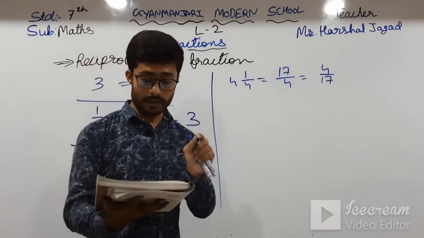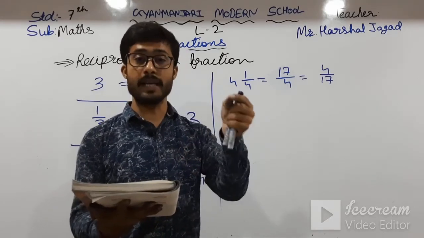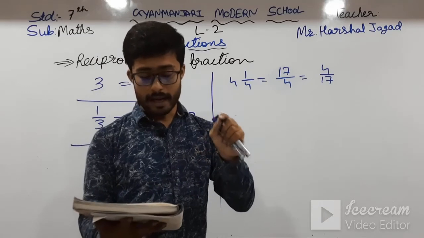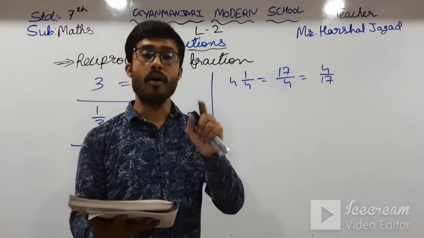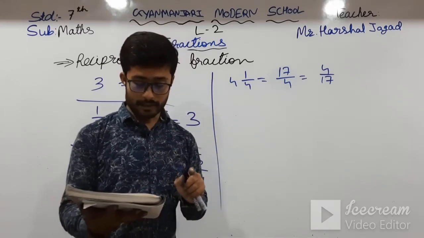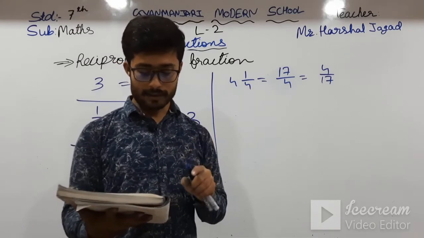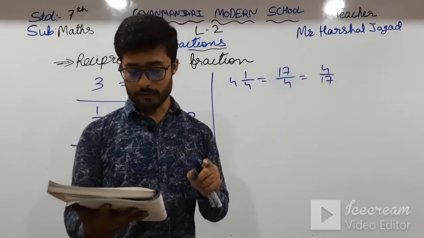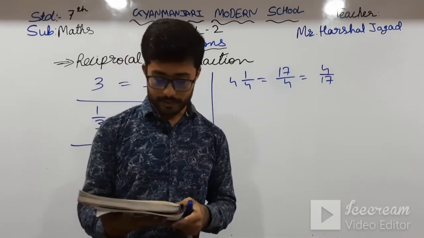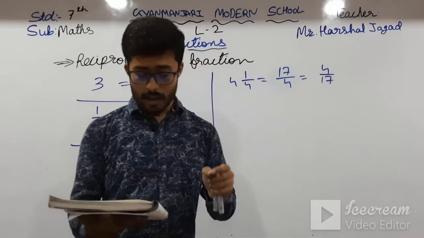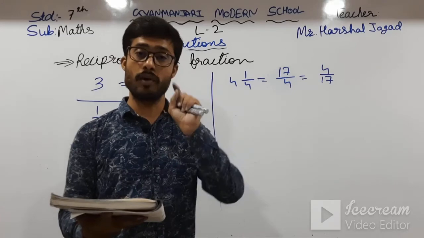Thus, in general, the reciprocal of A by B is B by A, where A and B are natural numbers and A by B and B by A are fractions. Observe that the reciprocal of a proper fraction is an improper fraction and vice versa. Reciprocals are very useful in carrying out division of fractions. When a number is multiplied by its reciprocal, the product is always 1.